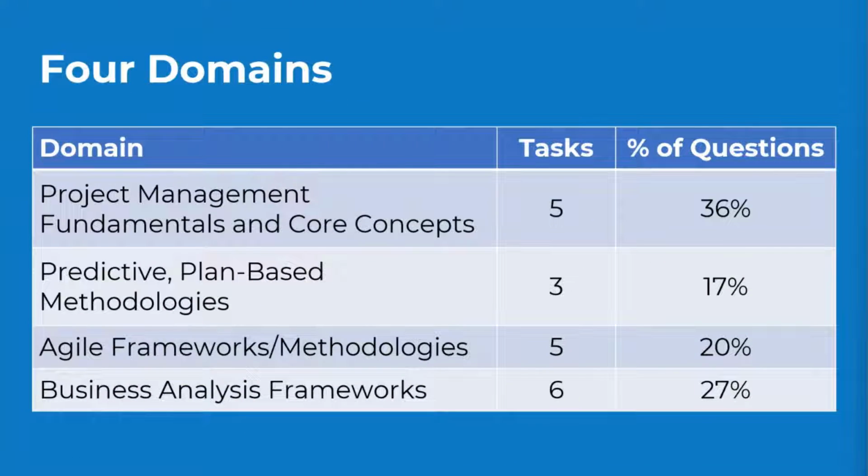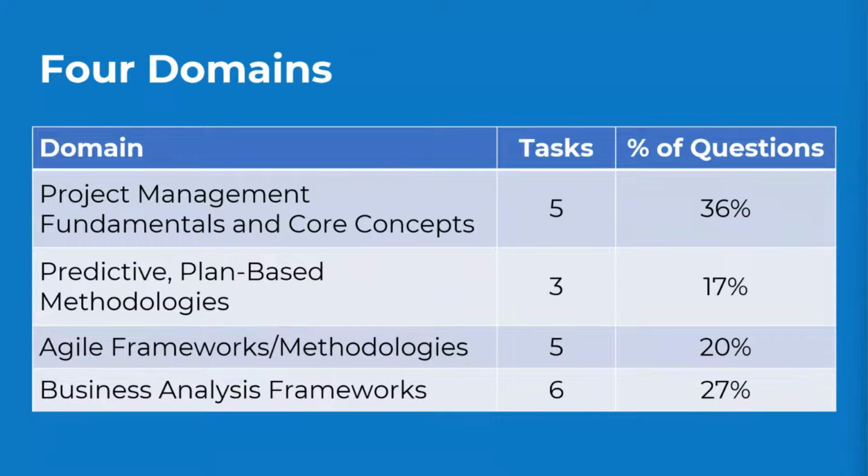Yeah. Then the second and the third domain: the second one is predictive plan-based methodologies, and the third one is agile methodologies. So you need to know about waterfall, 3 tasks, 17%, and you need to know about agile, 5 tasks, 20%. And in a twist that surprised pretty much everybody, business analysis was also added to the CAPM, 6 tasks with 27%.